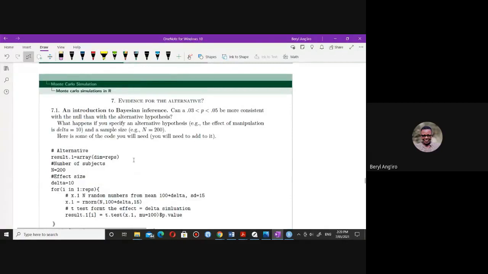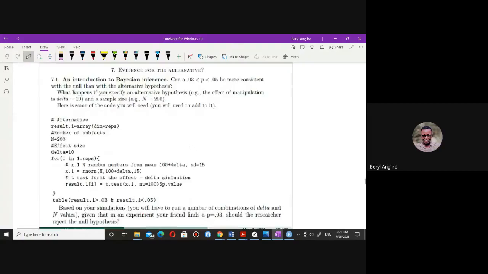We also have another example here under Bayesian inference. Can a p-value that is between 0.03 and 0.05 be more consistent with the null than with the alternative hypothesis? So what happens if you specify an alternative hypothesis, for example, the effect of manipulation delta is 10 and the sample size is 200?